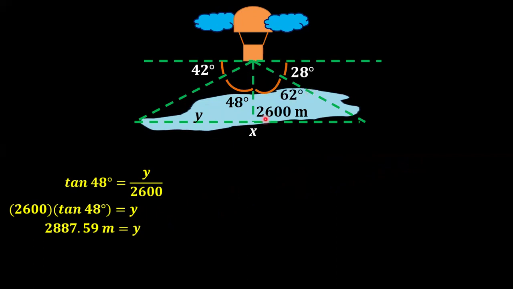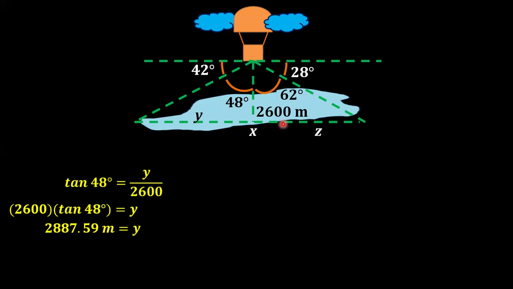And hinahanap natin is the width of this one or the length of this side ng lake. So let Z represent this side. So having this reference angle 62 degrees, we all know that Z is the opposite side and 2,600 meters is the adjacent. So having opposite and adjacent, we use the trigonometric ratio tangent.